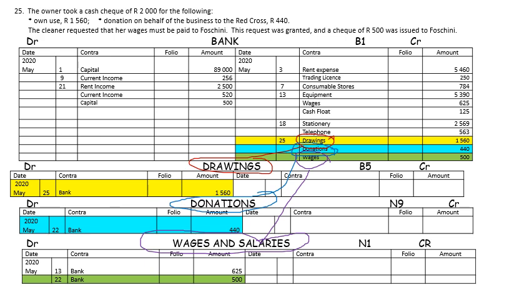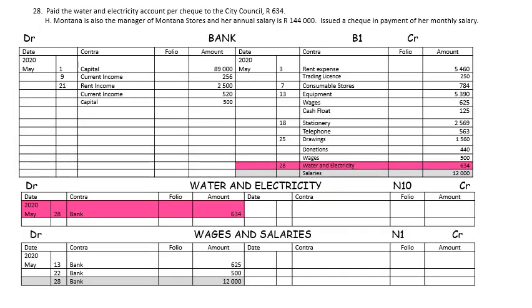And then on the 20th, the last day, we are paying the water and electricity account. Paying means money is spent on water and electricity. And then the owner earns a salary, so you're spending money on the wages and salaries account. How do I get the amount?